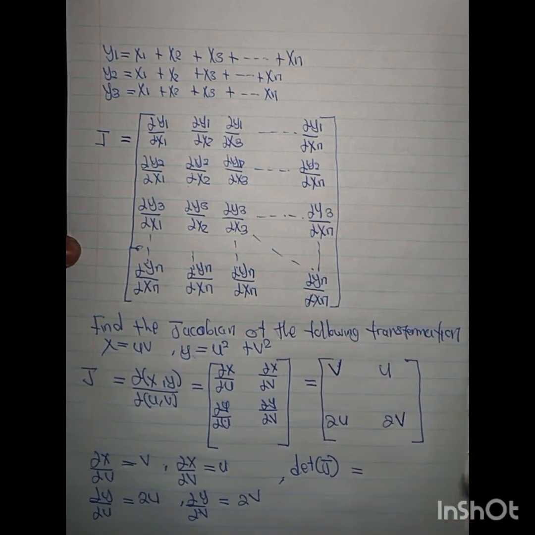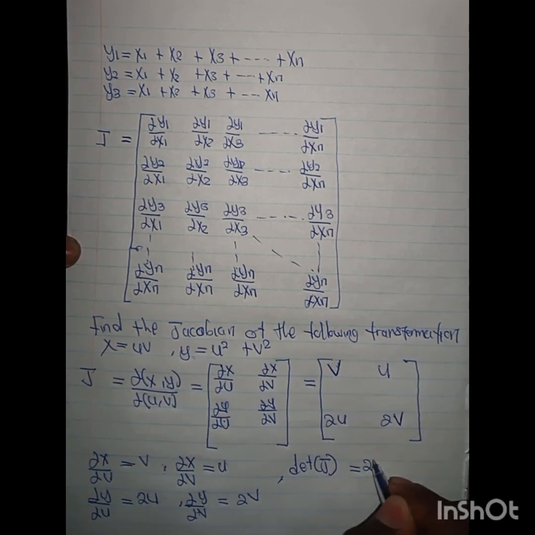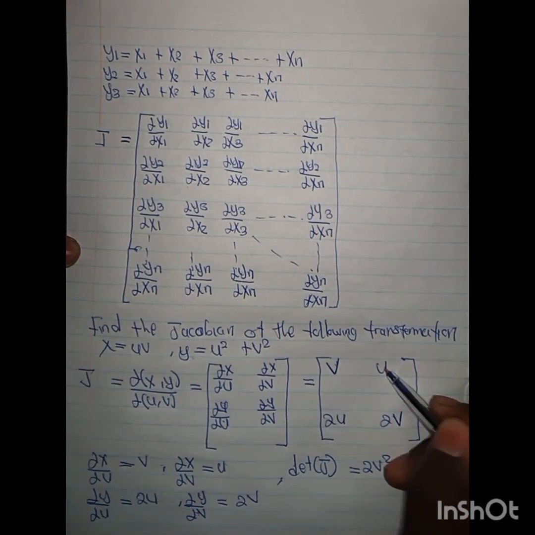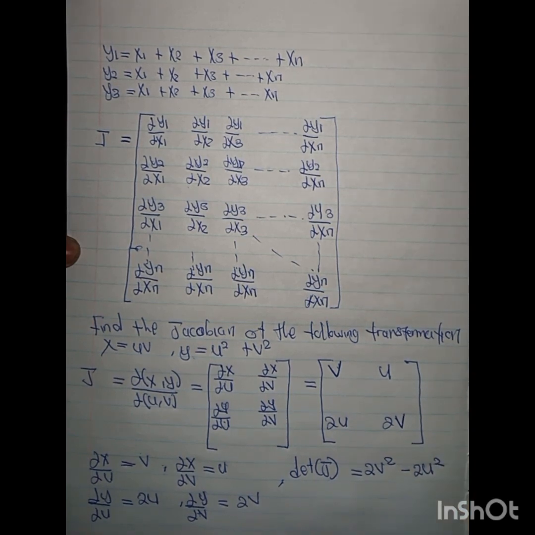Then this is v. So it means we're going to have 2v squared minus u multiplied by 2u, then this is 2u squared. So now this is our determinant of the first Jacobian matrix.